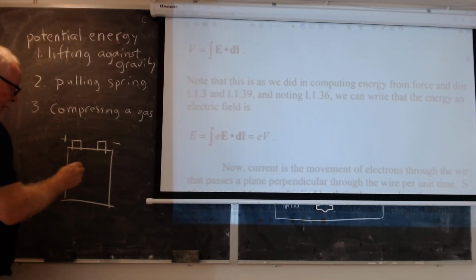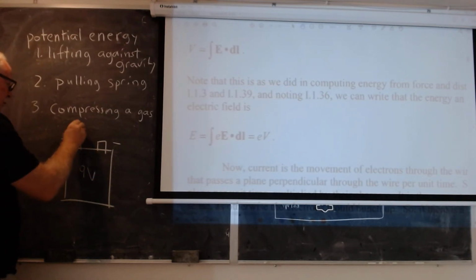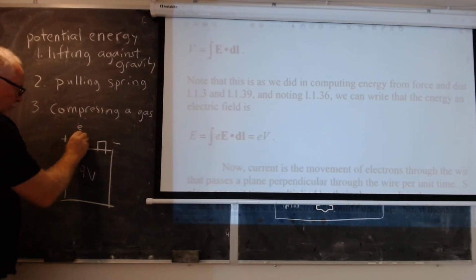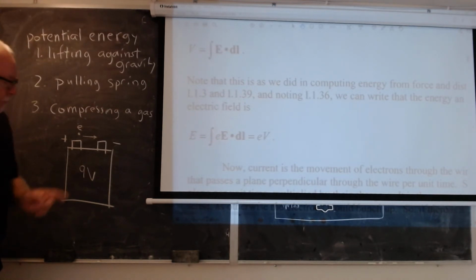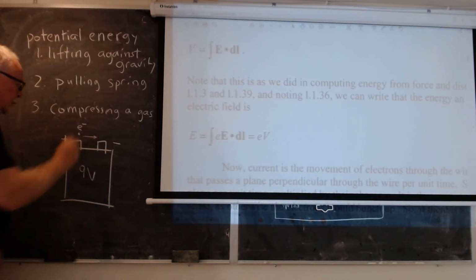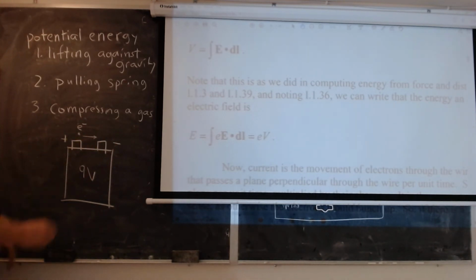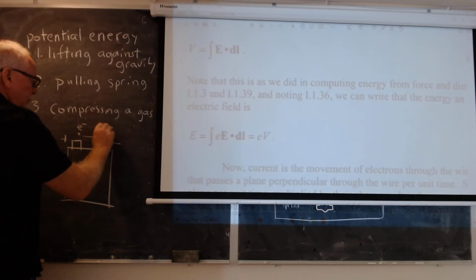And now let's say I take an electron, E, and I move it to the negative terminal. Remember, this is a negative charge, and so I have to apply a force to do that. The energy it would acquire, the potential energy.